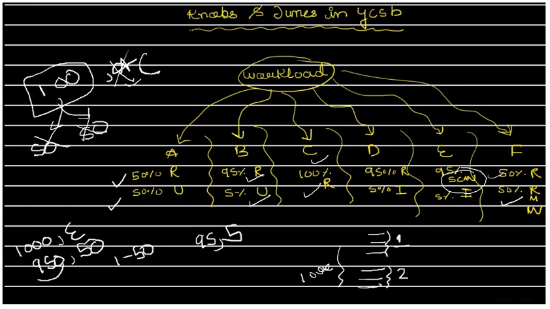A single scan operation can read 1, 2, 3, 4, 5, 6 records, any number. It's up to YCSB which number it will choose. This will happen 950 times. So each scan operation will scan at max 50 records or at minimum 1 record, and this will be repeated 950 times. That's how scan operations are defined in YCSB.